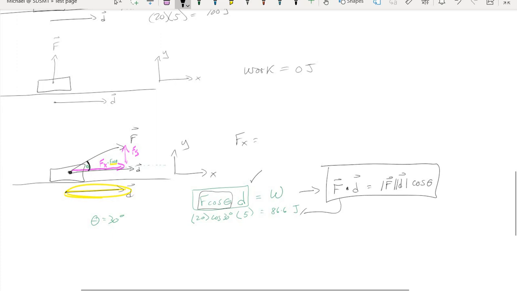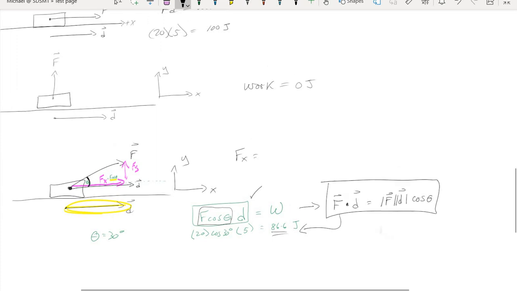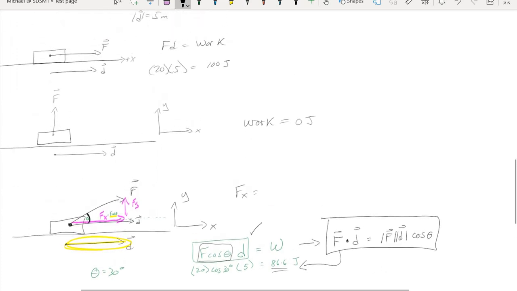If we do that, we get the same outcome, 86.6. But this dot product method will work for any theta value. In fact, it will help to justify the two values that we got up here.